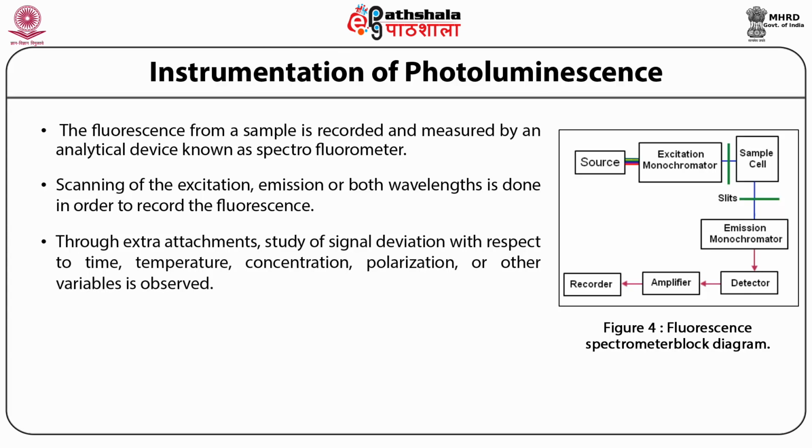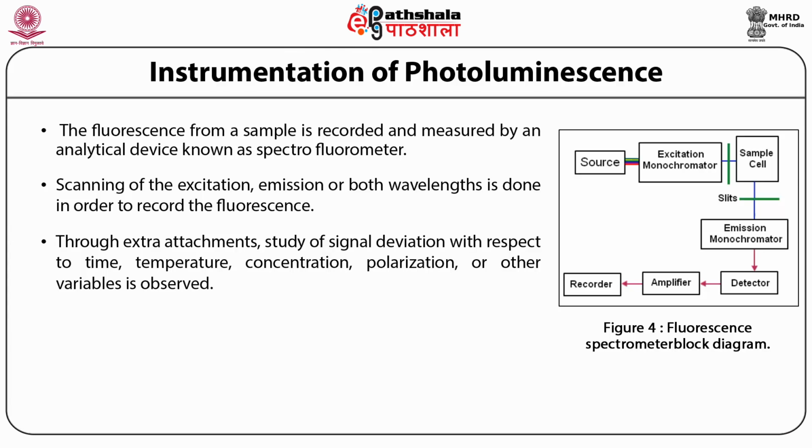Through extra attachments, study of signal deviation with respect to time, temperature, concentration, polarization, or other variables is observed. The block diagram of the fluorescence spectrometer is represented in figure 4.